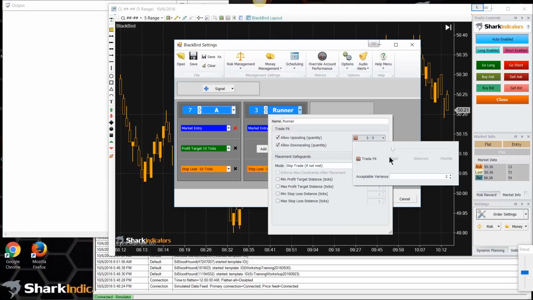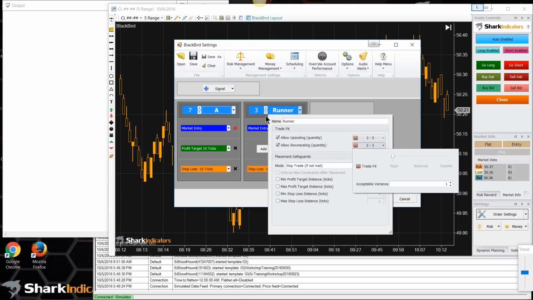And at the same time, we set the trade fit scale here to rigid. So what that's going to do is BlackBird is going to adjust order set A very easily. It'll adjust order set A first, and then it'll start adjusting our runners last afterwards.